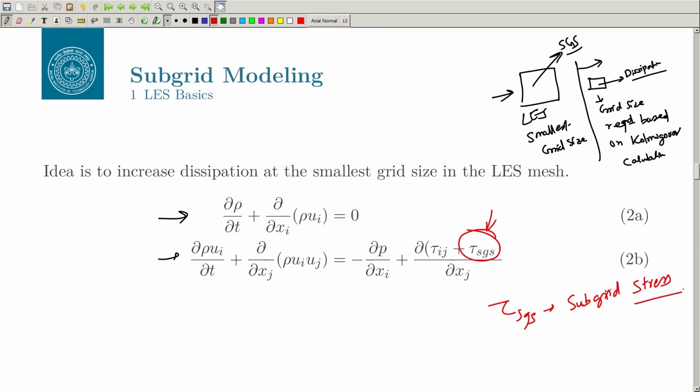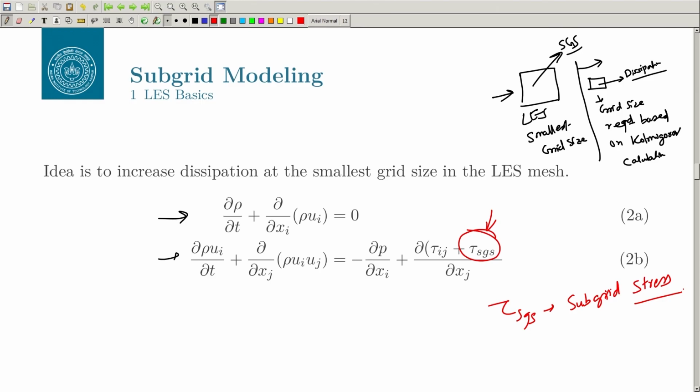This needs to be modeled, but remember that this model should be applicable only on a grid which is the smallest one, or in other words the eddy size which is just bigger than the smallest grid, and of course smaller than the smallest grid.